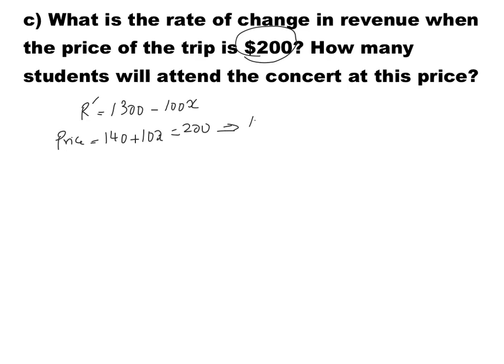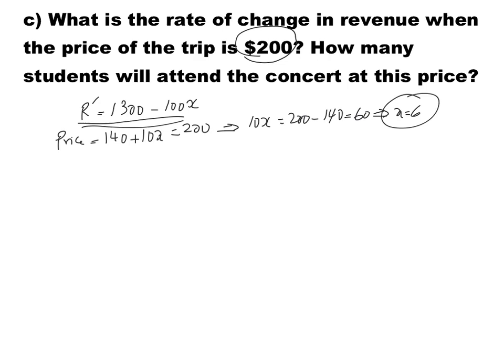So from here I get 10x is 200 minus 140, which is 60. So x is 60 over 10, which is 6. This means that at a $200 price, there are 6 increases of $10.